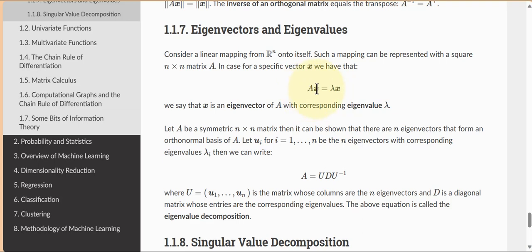In case for a specific vector x, we suppose that we have this here. That is, if you take a particular x for that matrix, we're given a matrix, if there's an x which, when you multiply A times that x, you just get a scalar multiple of x.